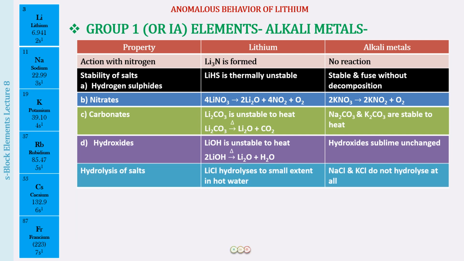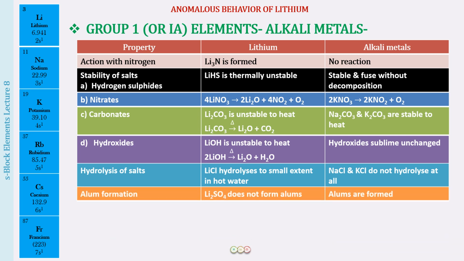The next we have is the hydrolysis of the various salts. We see lithium chloride hydrolyzing to a small extent in hot water, whereas sodium chloride and potassium chloride do not hydrolyze at all. Alum formation is a property of the alkali metal sulfates which is different for lithium sulfate.